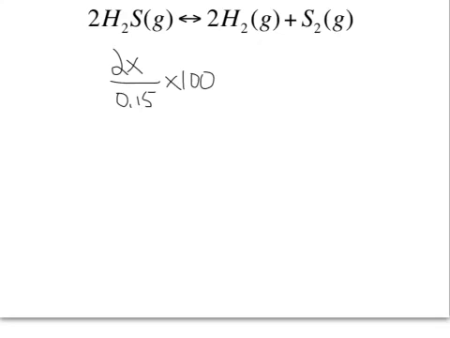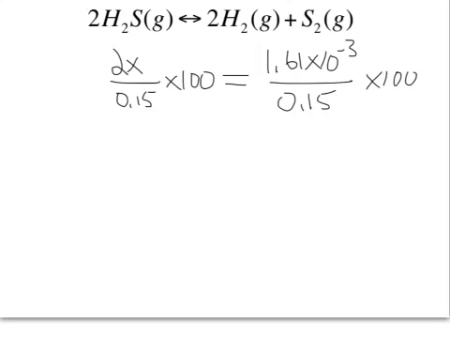I want to make sure this is less than 5%. So I've got 2x is equal to 1.61 times 10 to the minus 3 over the initial concentration times 100. And I end up with 1.07%. That's definitely less than 5%, so the approximation was okay to make.